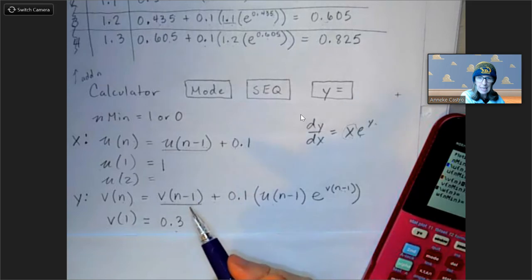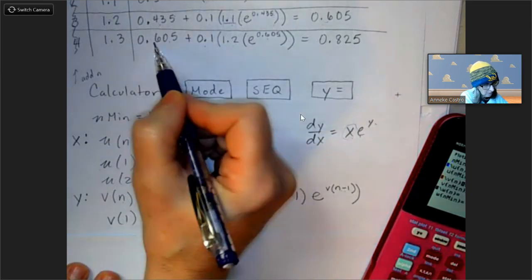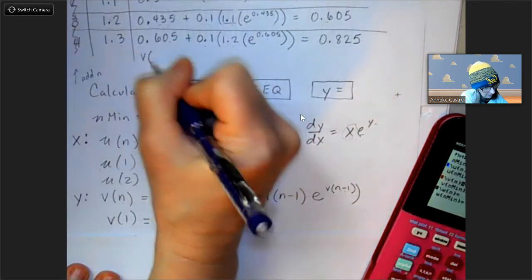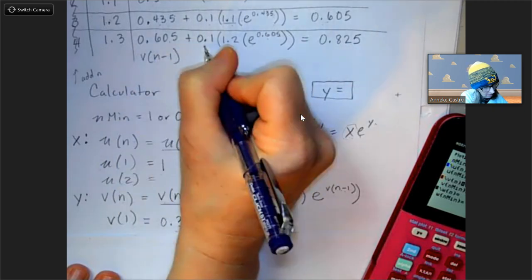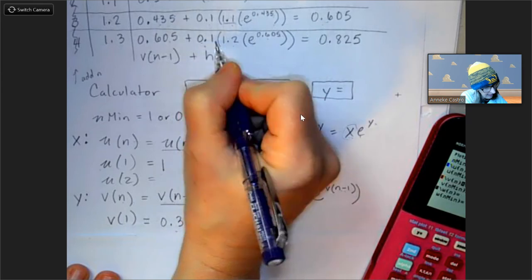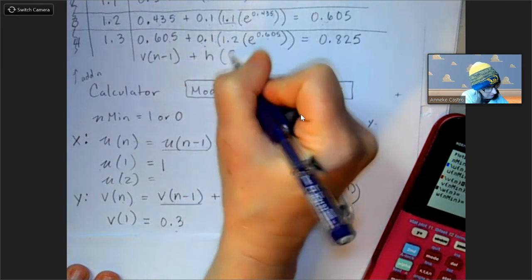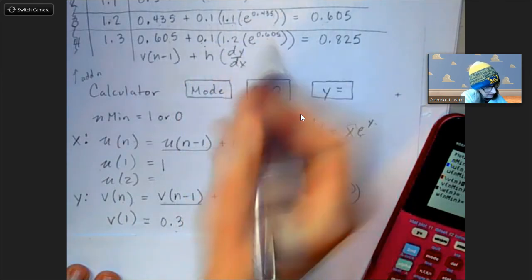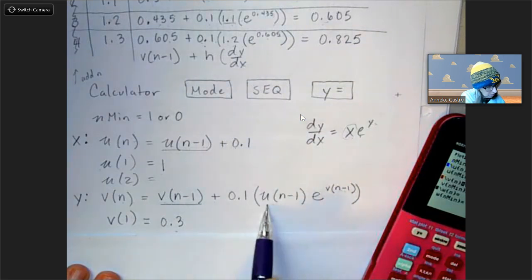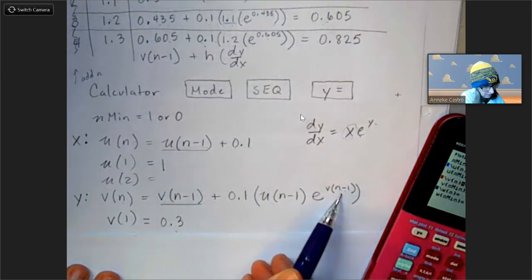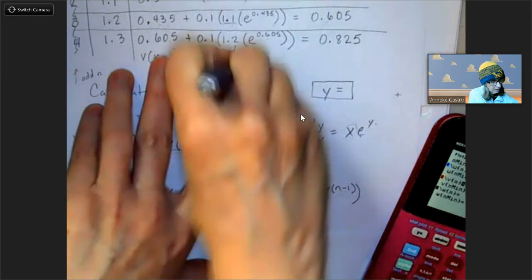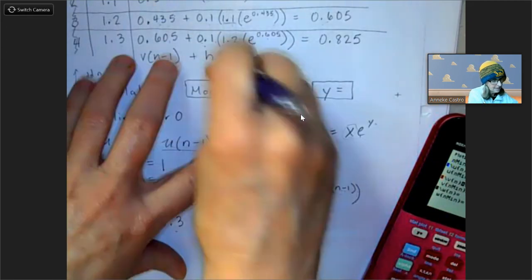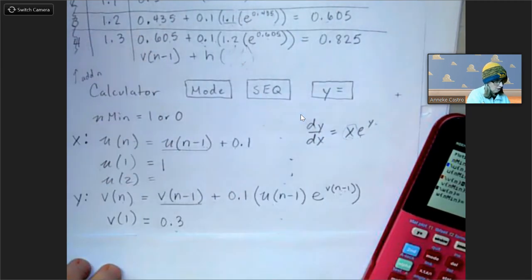The big difference is that v of n minus 1 is our previous y. This is our h. And then here is our dy dx that's been written in terms of u of n minus 1 and v of n minus 1. So this whole thing that I did in the table has been written in terms of u and v.